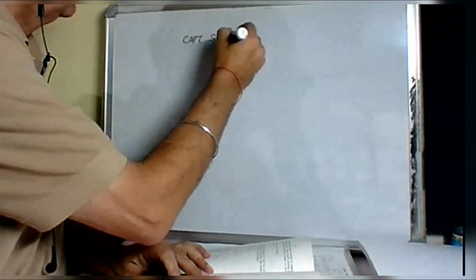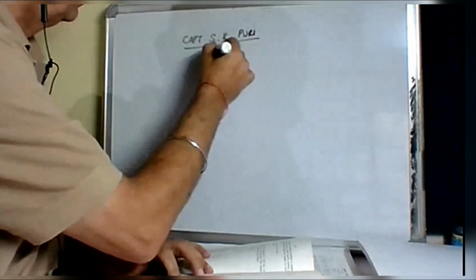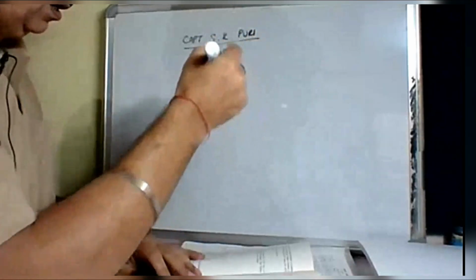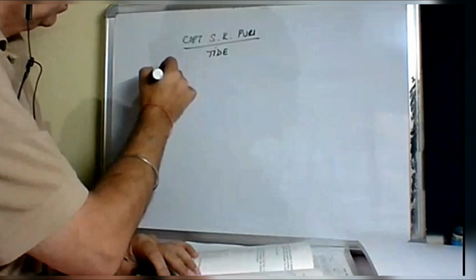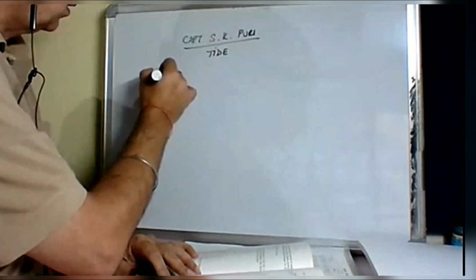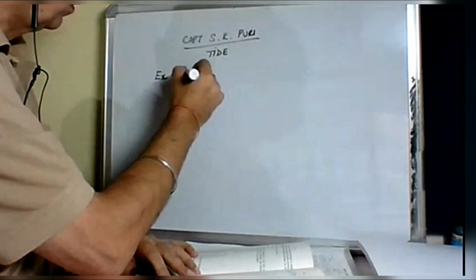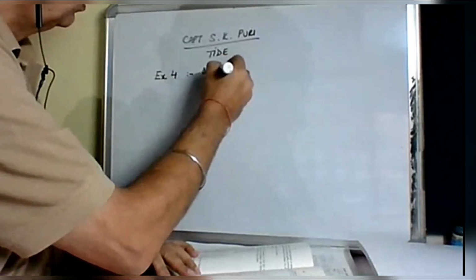Captain S K Puri, Chart Work, Tide. I want you to do one, this is example 4, and the name of the port is Avonmouth.